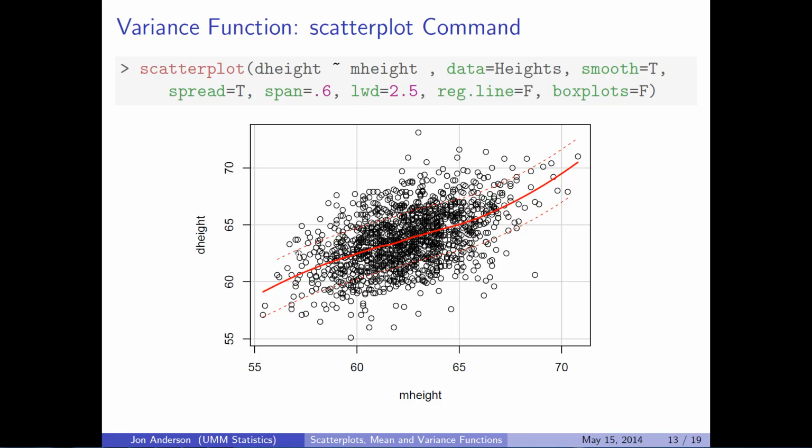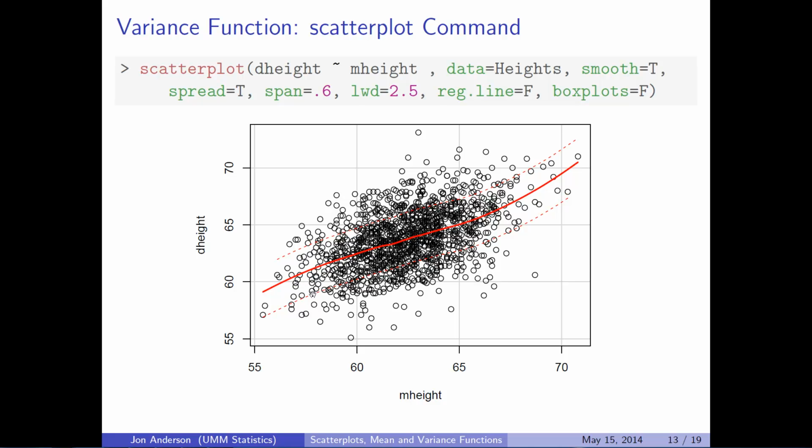And this is an expression of the standard deviation of daughter's heights above and below the mean function. And so the distance between the mean function and one of the dashed boundaries is an expression of standard deviation.